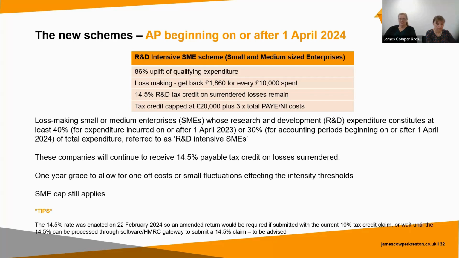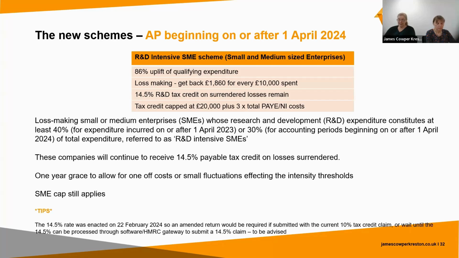There is still the SME cap in place and the cap exemption. And just as a reminder, a company will be exempt from the cap if condition A and condition B are met, where condition A is where a company actively manages its IP. Condition B is where less than 15% of the subcontracted activity is to a connected party.